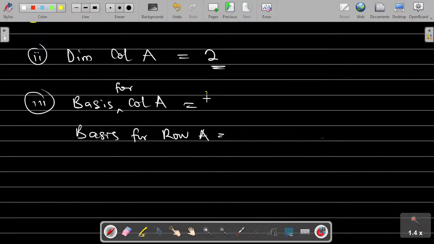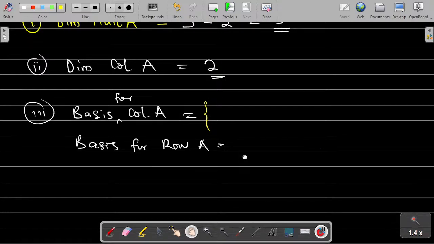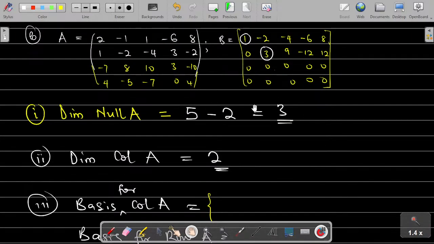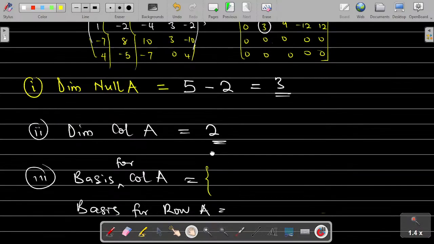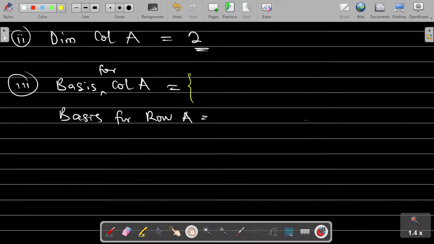If you go up now, you will discover that we only have pivots on columns 1 and 2. That means the basis for A will just be these 2 vectors there. If you just pick them and bring them down, that will be the basis of our column space.